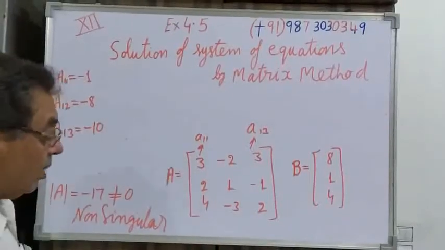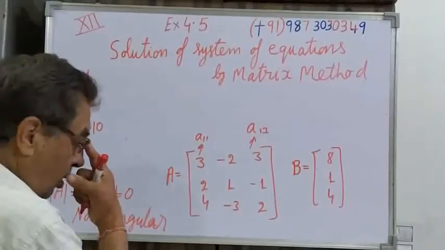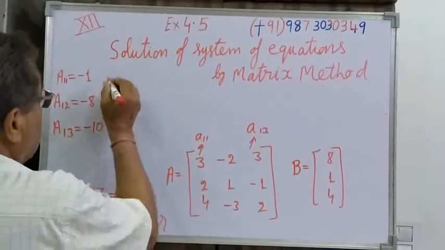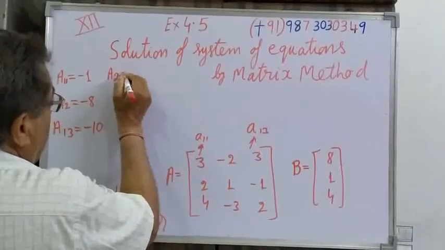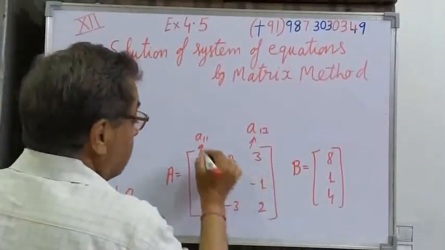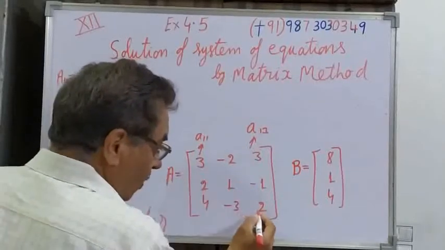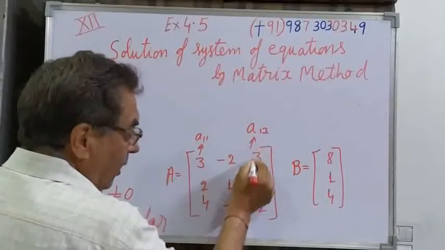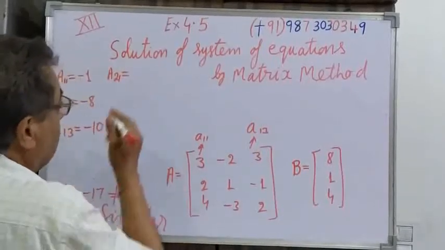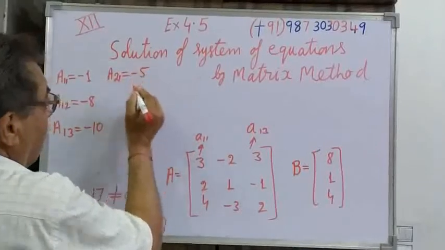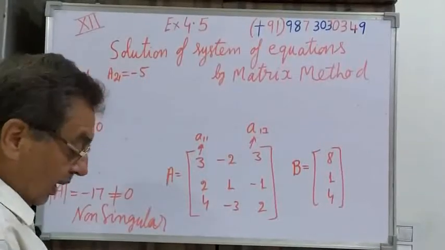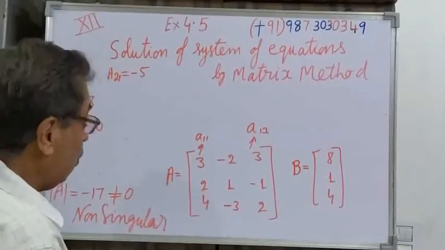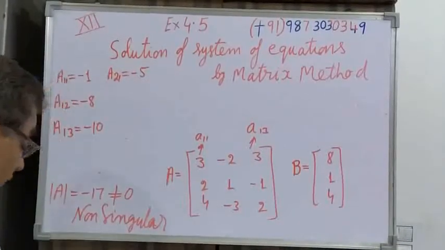Now the cofactor of the second row, first element, A21. Element 2, 1. Hide this one, minus 2 and 2, minus 4 and plus 9, we get 5, and let us put the negative sign to it, so A21 is minus 5.